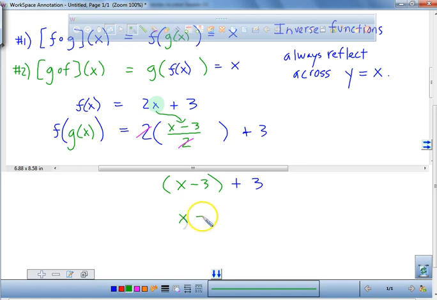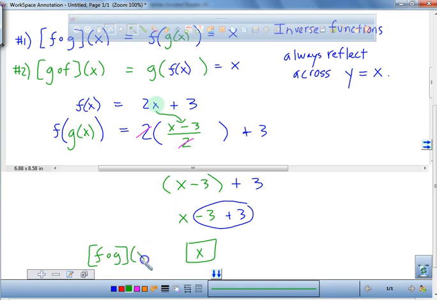So if you have x minus 3 plus 3, these are additive inverses. And what are you left with? You're just left with x. And that lets you know that f of g of x equals x, and that means they are indeed inverses.